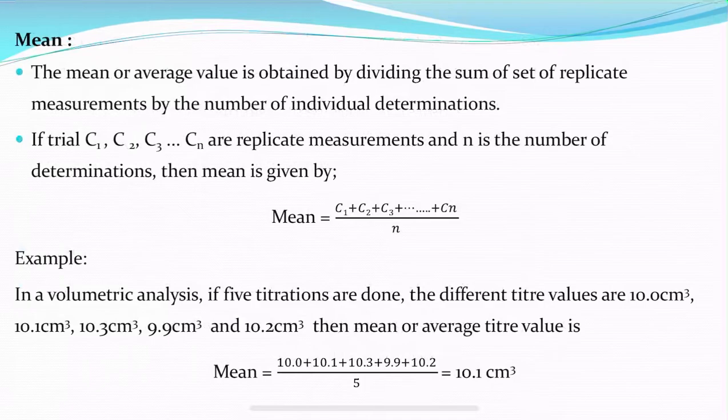Indeterminate errors arise from uncertainties in measurements that are unknown and beyond the control of the experimentalist. So the reasons for indeterminate errors cannot be predicted, and when we cannot predict the reasons, we cannot rectify or overcome them.